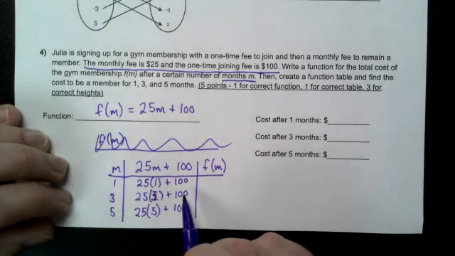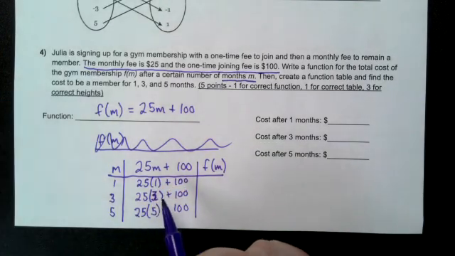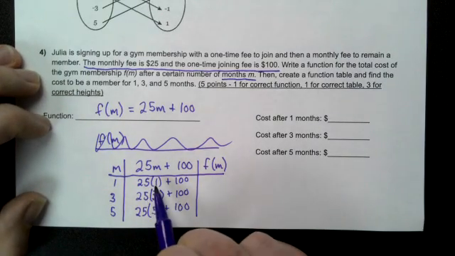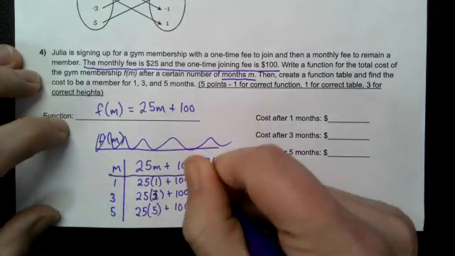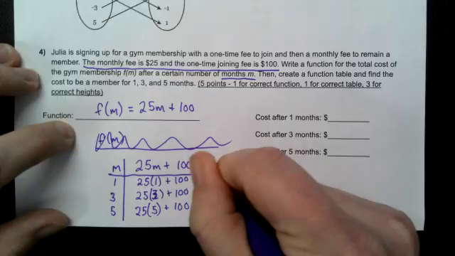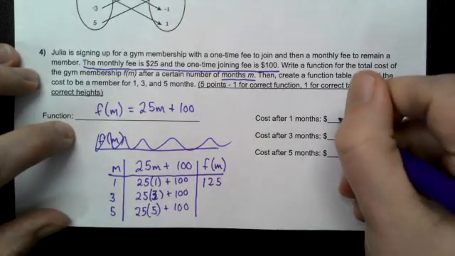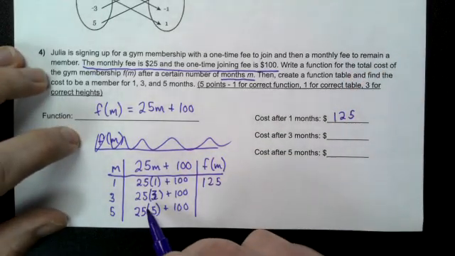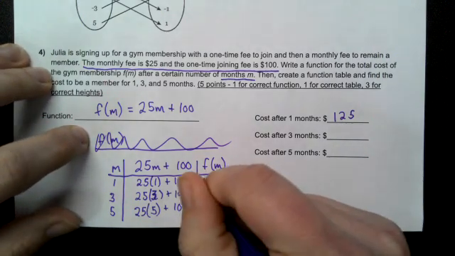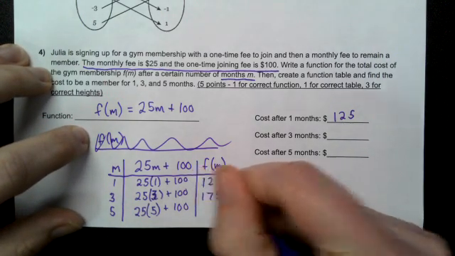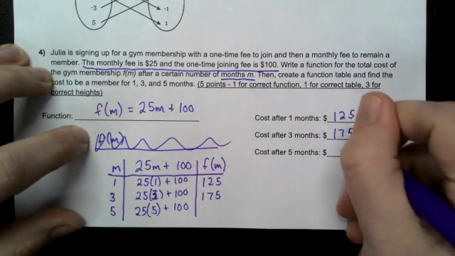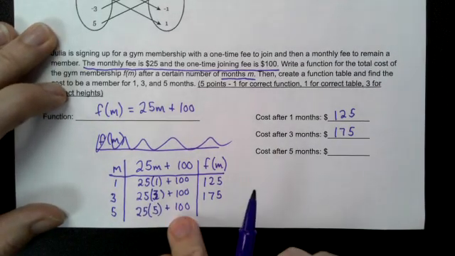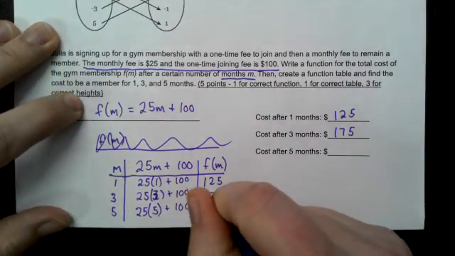And then you'll just calculate this. If you set it up like this, your calculator will automatically do the order of operations for you. 25 times 1 is 25, plus 100 is 125. So for 1 month, you'd be paying $125. 25 times 3 is 75. 75 plus 100 is 175. And 25 times 5 is 125, plus 100 would be 225.